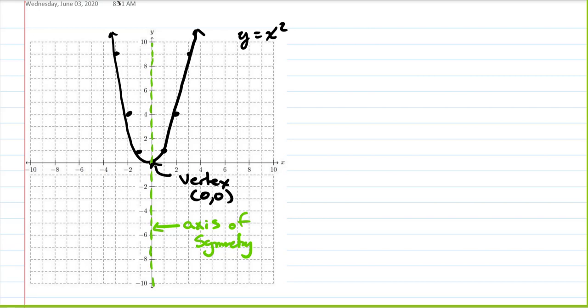So if I were to create another function, g of x, by taking our function y and doing composition with x minus 3, replacing x with x minus 3 would give me x minus 3 squared.